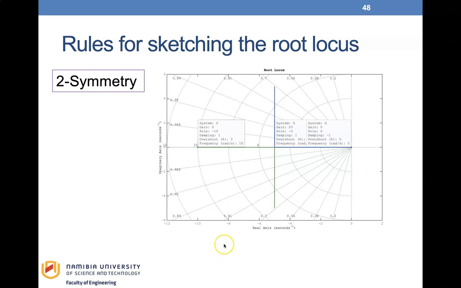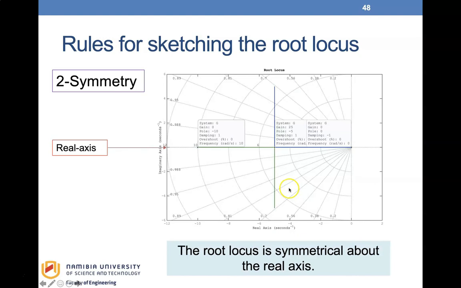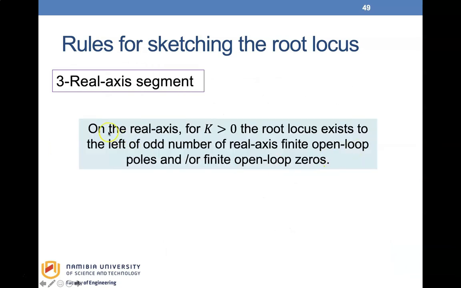Again, if you consider the second order control system example, you will see that the rule is obeyed. The next rule is the real axis segment rule. This rule states on the real axis, for k greater than 0, the root locus exists to the left of an odd number of real axis finite open loop poles and or finite open loop zeros.